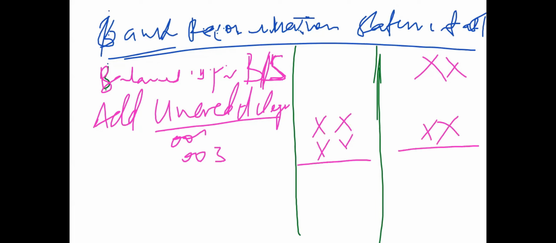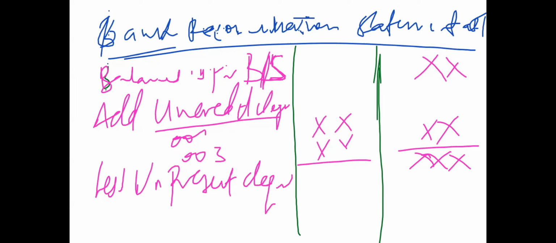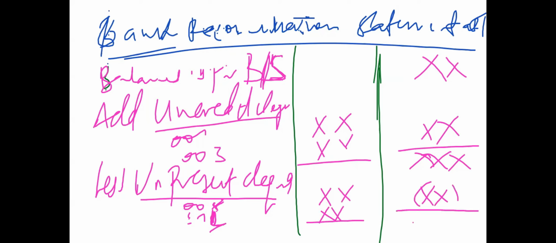After adding, you get that value, then you less unpresented checks. I may prefer the other way first, but just know even this one is there. 008, 001, 002, and we get this final value there.